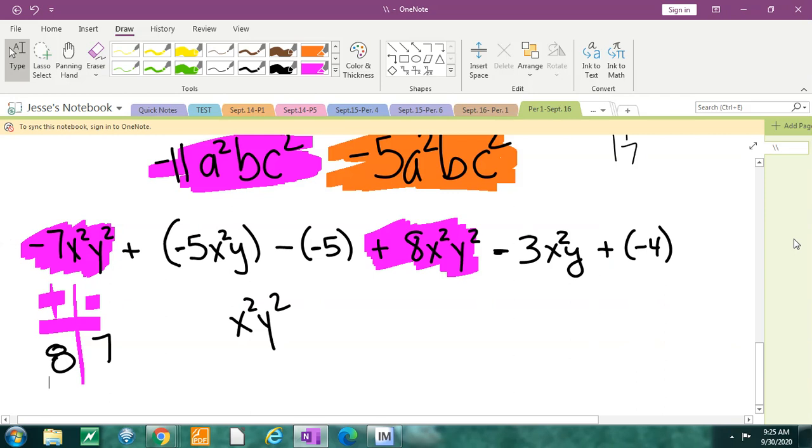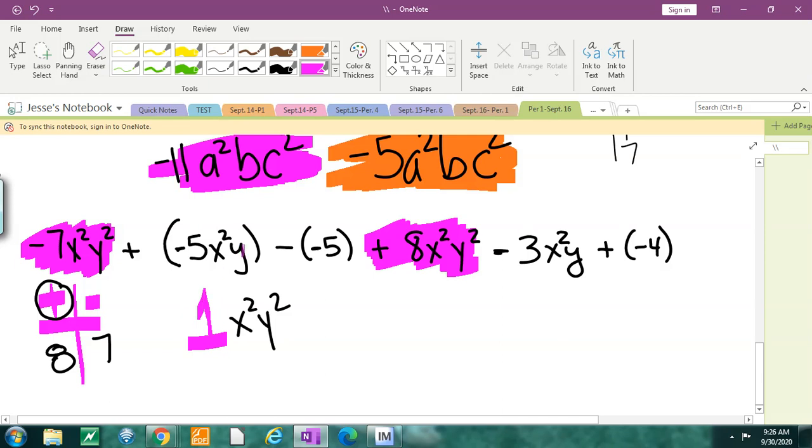Good. -7 plus 8. Very good. So it's going to be positive, and then because they're separated, I take away. So that's a 1. Do I need a 1 here? Not really, but you could put a 1. Sometimes the test won't have it. If it's a negative, make sure it's a negative, okay? But yeah, I mean, still 1.